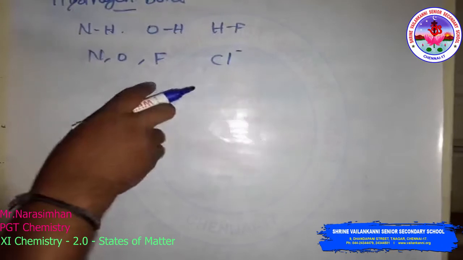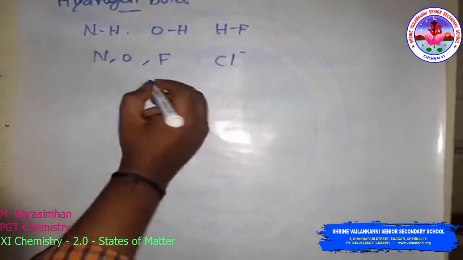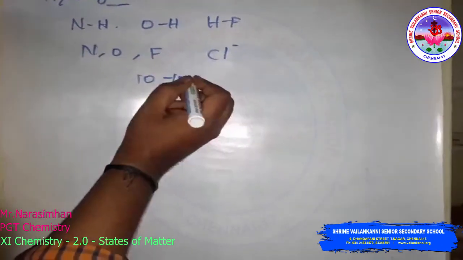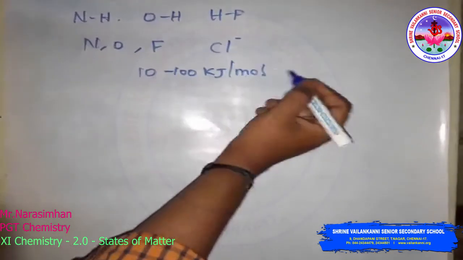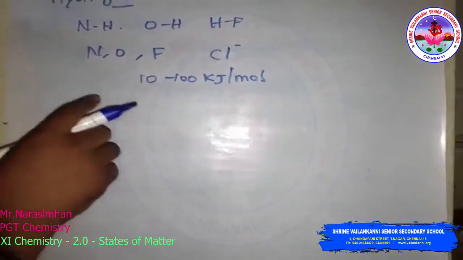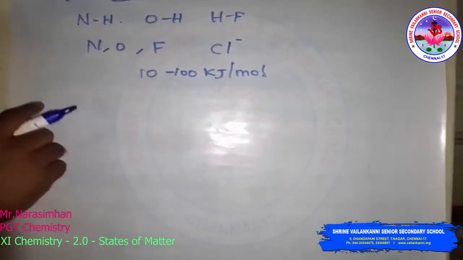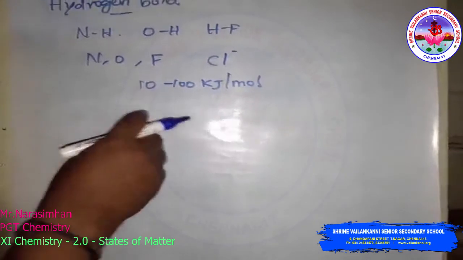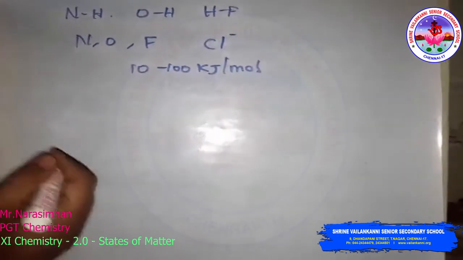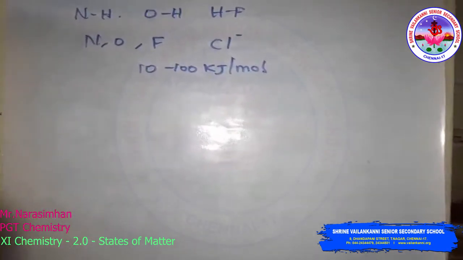The energy of hydrogen bonding varies between 10 to 100 kilojoule per mole. This is quite a significant amount of energy. Therefore, hydrogen bonds are a powerful force in determining the structure and properties of many compounds.